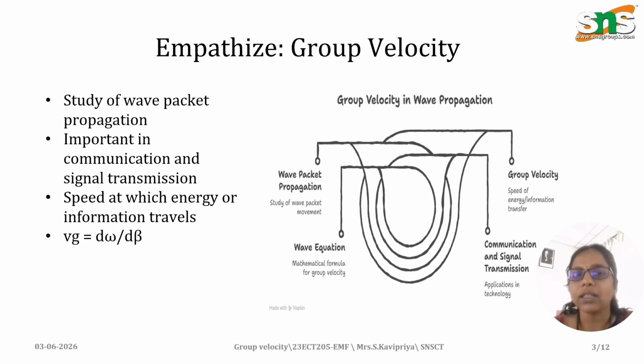We represent group velocity as Vg. So Vg is equal to d omega by d beta. We all know omega is the angular frequency and beta is the propagation constant. So the differentiation of omega with respect to beta gives rise to the group velocity.